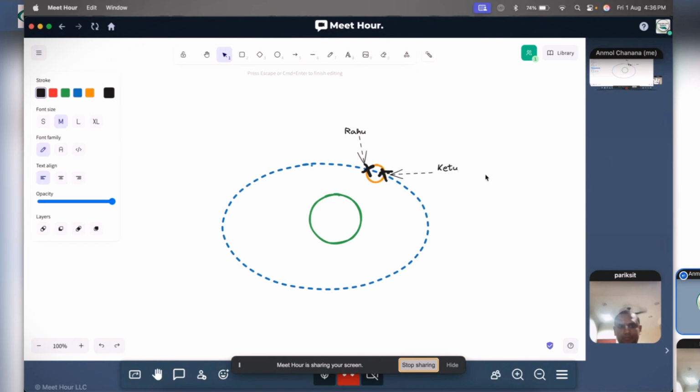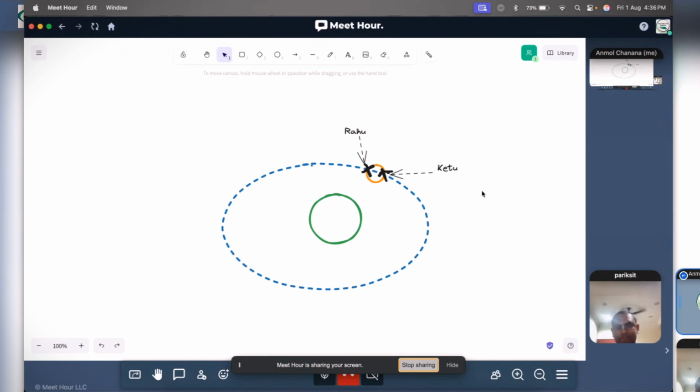All other planets you can see physically, but Rahu and Ketu are mathematical points. They call them shadow planets. They don't as such exist, but they have a very good impact on Vedic astrology.